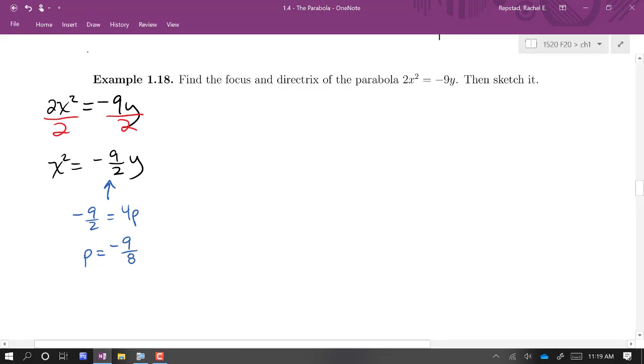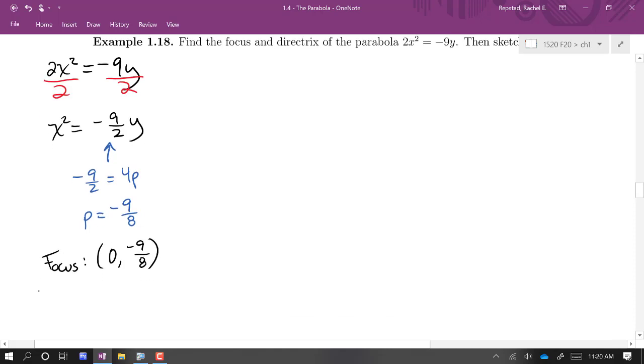And I know it's oriented vertically because it's x squared, and p is -9/8, so that means that the focus is 0, -9/8. And the directrix is y equals positive 9/8.